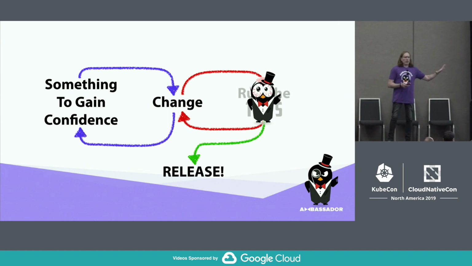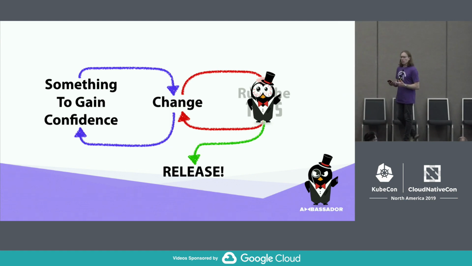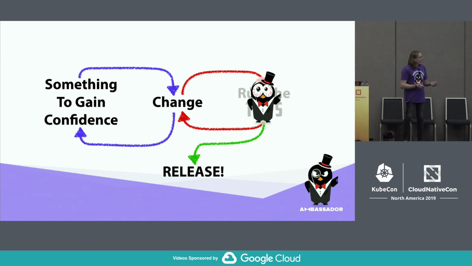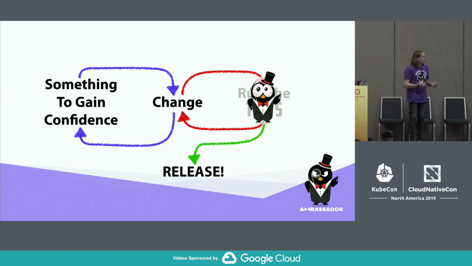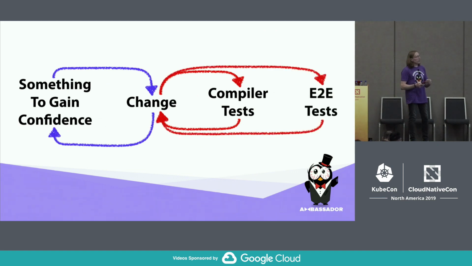This is pretty much where we started when we first started writing tests for Ambassador. At about the point where we went, oh crap, people are actually using this thing. Only we started not just with one set of tests, but with 2. We had a set of compiler tests, and we had a separate set of end-to-end tests.